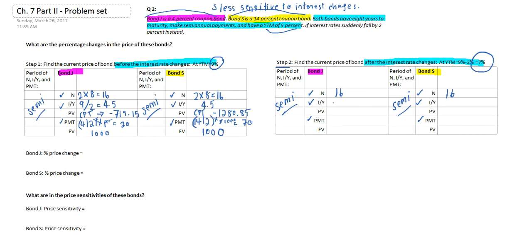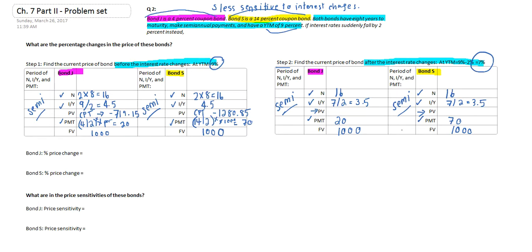IY will be the new one because this is the market interest rate, so it will be 3.5. The coupon will be the same: for bond J it is 20 every 6 months, while bond S is 70 every 6 months. Par value is still 1,000, and you compute for PV.